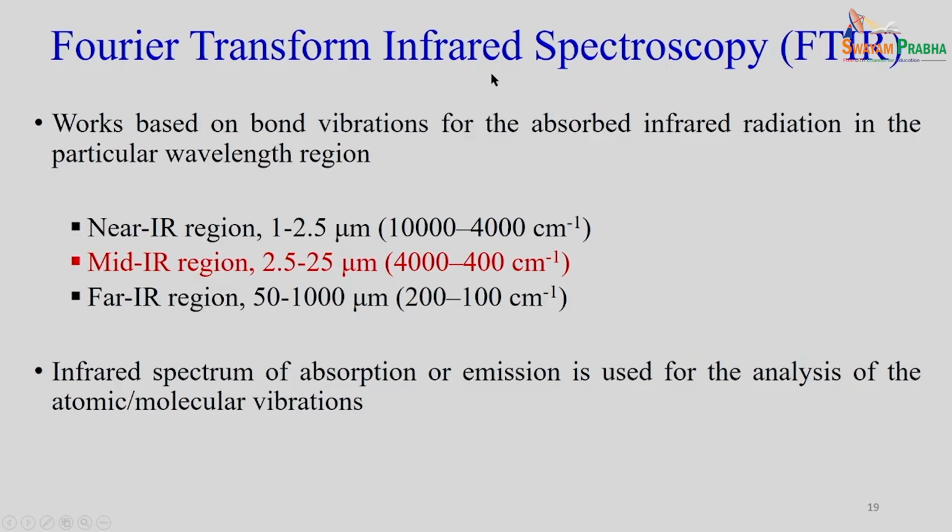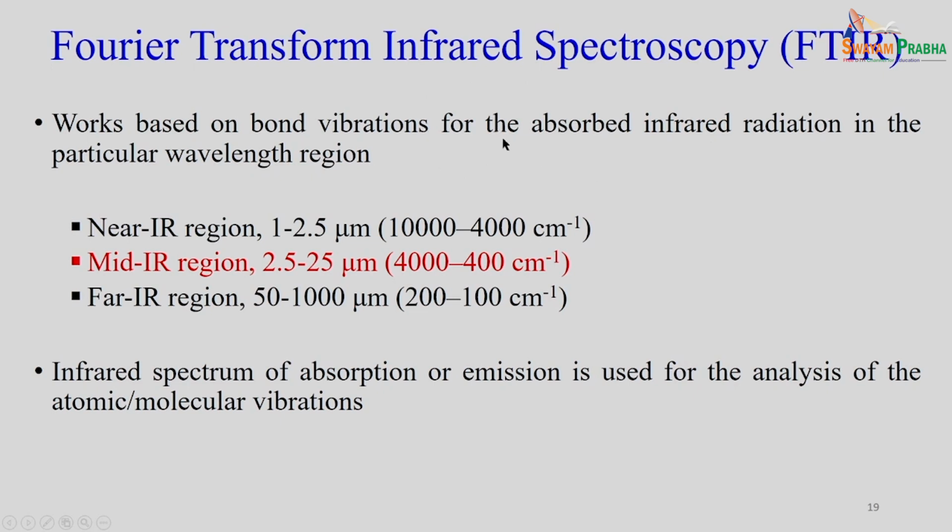It is called Fourier transform because whatever infrared light is processed after the sample, either absorbed or transmitted, is again processed using a Fourier transform to get the particular spectra, or you can say the FTIR spectra. Basically it works based on the bond vibrations.